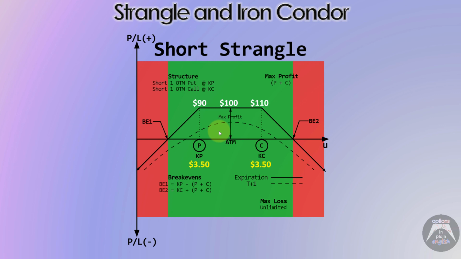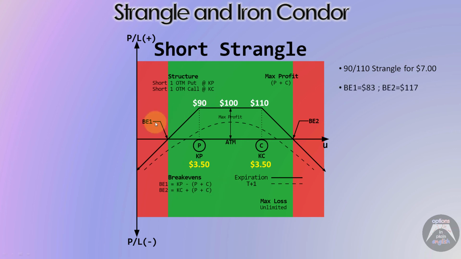The put is trading at $350 and the call is trading at $350 as well. So you're going to be selling the put and selling the call, collecting $350 for the call and $350 for the put. This position is referred to as the 90-110 Strangle, and you put it on for $7, which is the total credit.